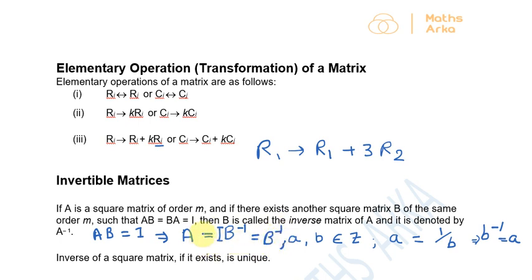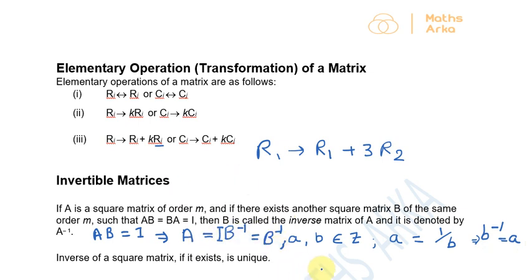So B is the inverse of A if this condition is met. Taking the analogy from the world of integers, A was the inverse of B, or B is the inverse of A. Similarly here A is the inverse of B.